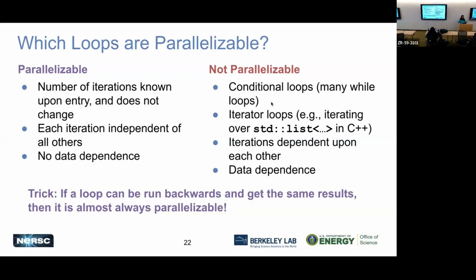When you don't know when the loop is going to stop, or if there's a while loop, these kinds of things you cannot parallelize easily. There's OpenMP tasking, a tasking way of parallelizing, which we're not covering today. It's doable, but with the do loop or for loop here, if you don't know the number of iterations beforehand, you cannot parallelize them in these simple ways.